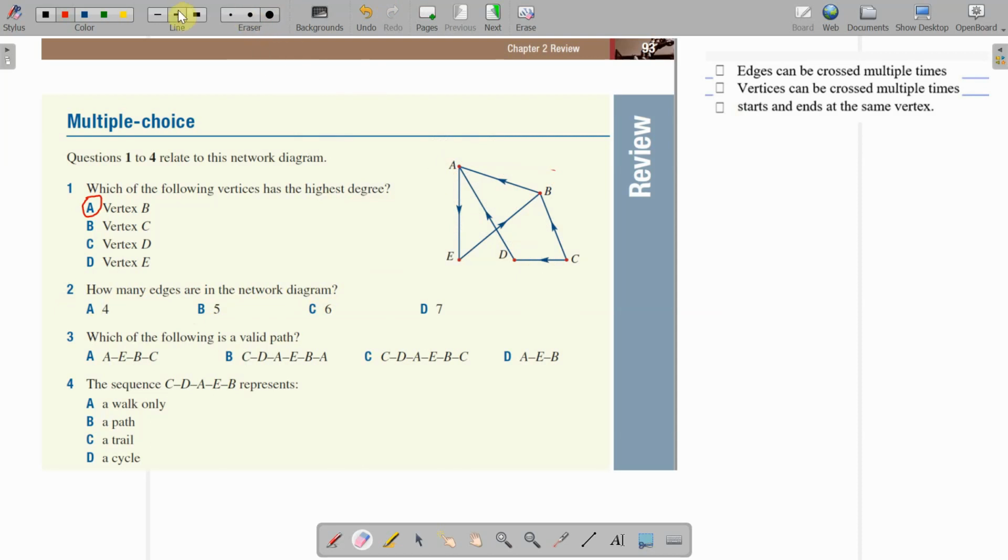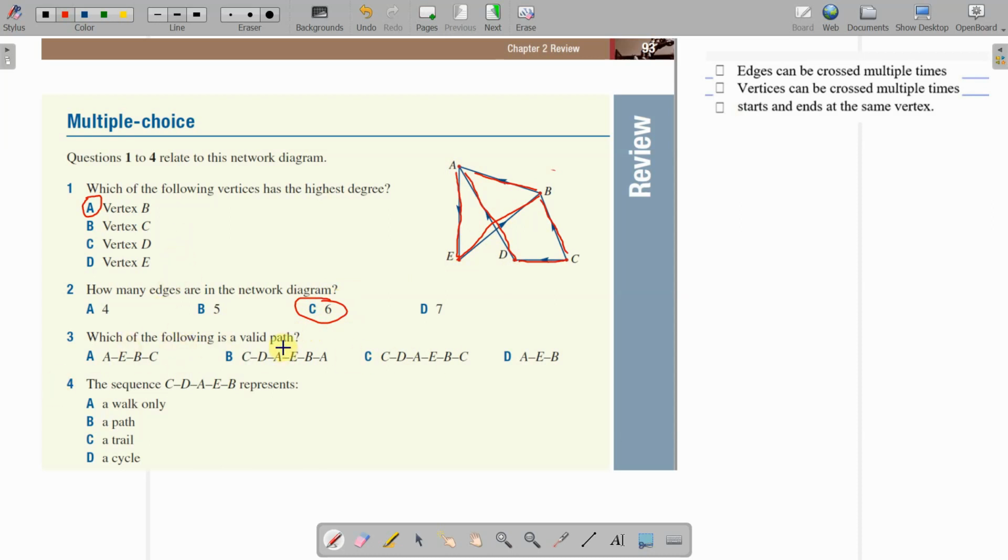Edges, there's 1 here, 1 there, that's 2, 3, 4, 5, and 6. 6 edges. Okay. Next one's a fair bit more tricky and a bit more involved.